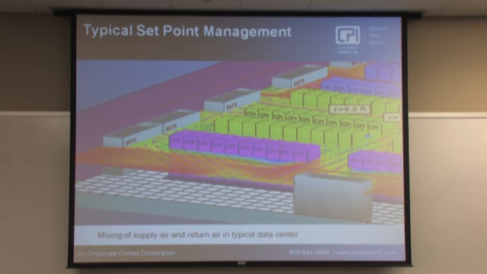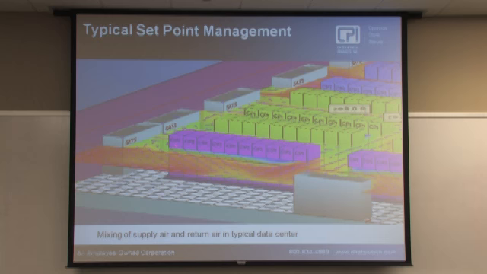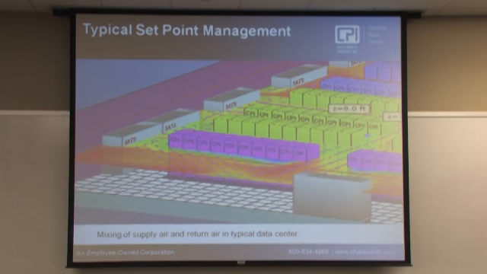In a standard hot aisle, cold aisle data center, the return air is coming back to our air handlers, and it's mixing with bypass waste cold air that's not getting to servers, so you can see we've got significantly hot air out here, relatively cool air for supply, and all kinds of mixed air here.